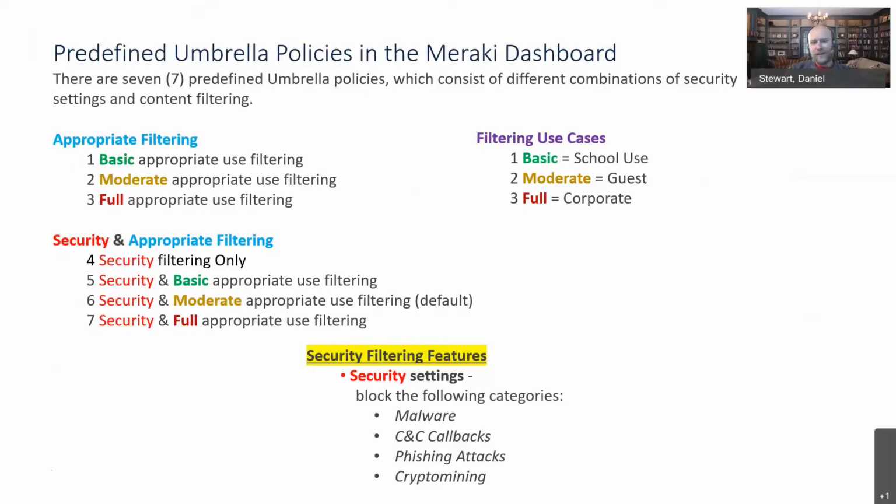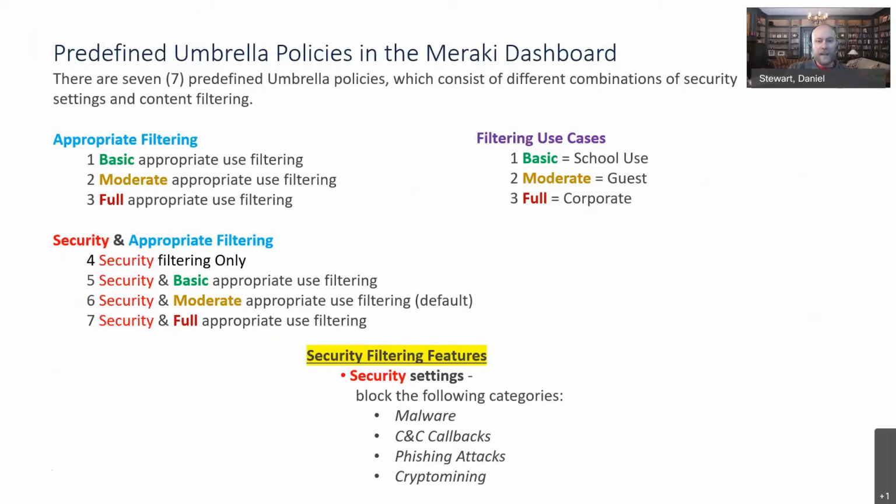And then you kind of look at some of the use cases for those filtering categories. The basic might be for a school use, the more moderate or bigger list might be for a guest, and the most robust list would be there for a corporate deployment, as just some recommendations or some guidance we've seen from Meraki documentation of some use cases that could be provided.